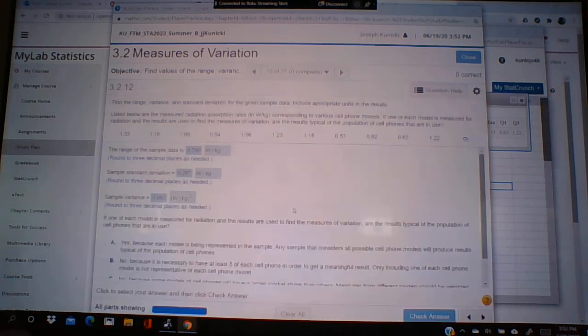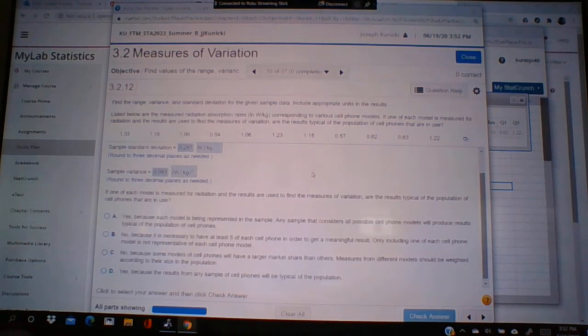So there you go. And the last question, if one of each model is measured for radiation and the results are used to find the measures of variation, are the results typical of the population of cell phones that are in use? Well, so it's measures for various cell phones.